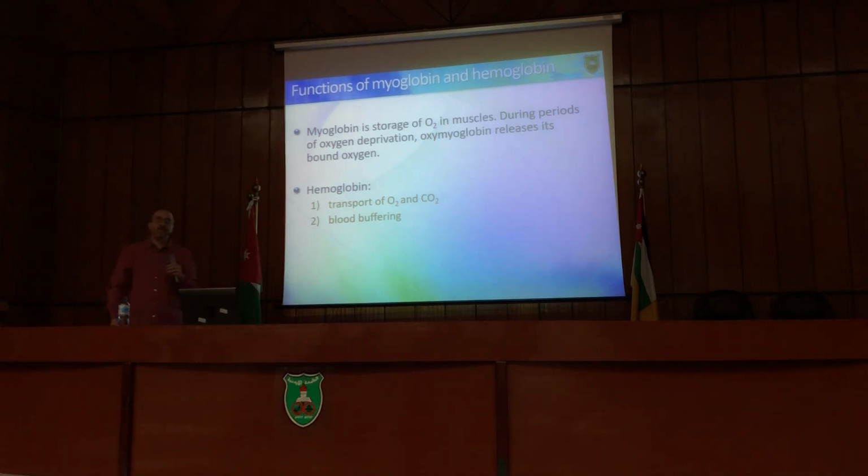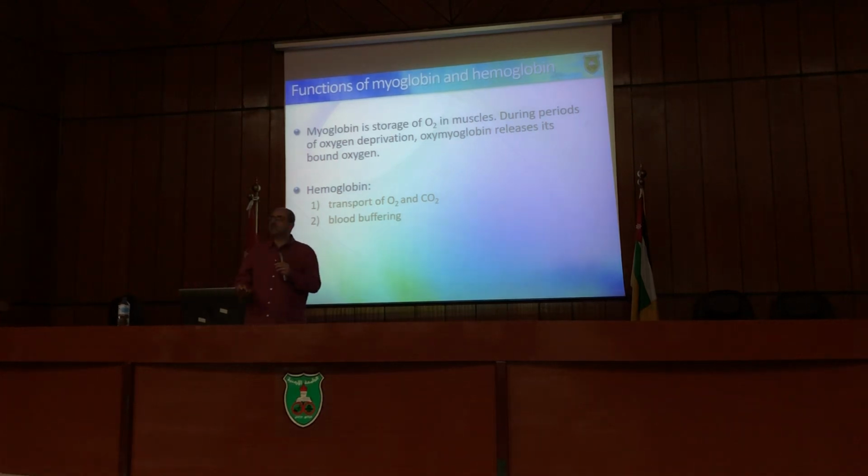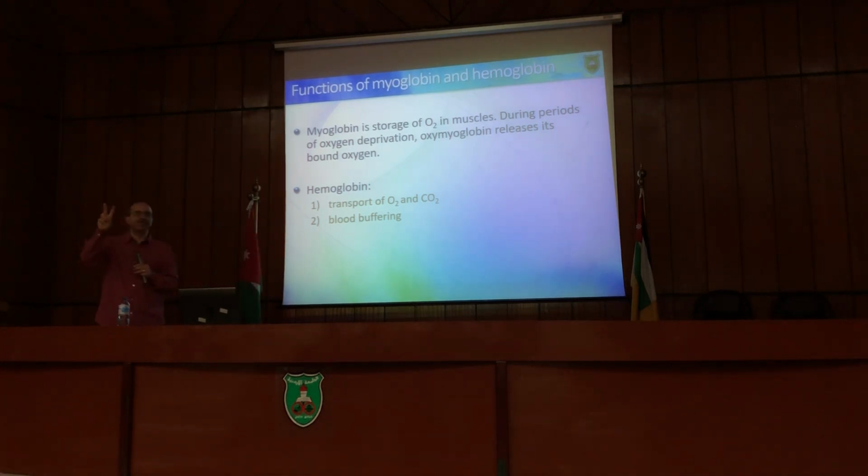Hemoglobin has several functions. The main function of hemoglobin is to transport oxygen. So it binds to oxygen in lungs, it goes to peripheral tissues, and it releases oxygen. That's what it does. But hemoglobin has 2 other important functions as well. One of them is binding to CO2, carbon dioxide, in peripheral tissues, grabbing it and releasing it outside.